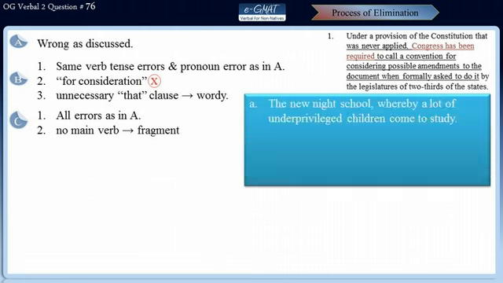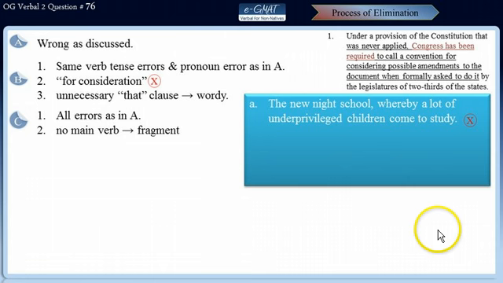Let's take an example to understand this. When we say the new night school whereby a lot of underprivileged children come to study, it is incorrect because this sentence does not provide a complete thought. Whereby actually does the function of in which, and hence if we just write whereby a lot of underprivileged children come to study, we are still expecting something else to happen.